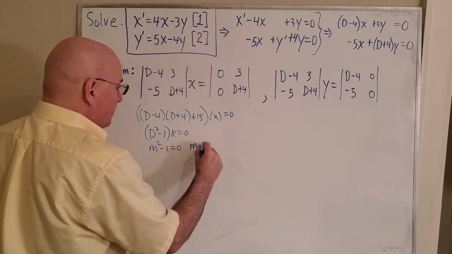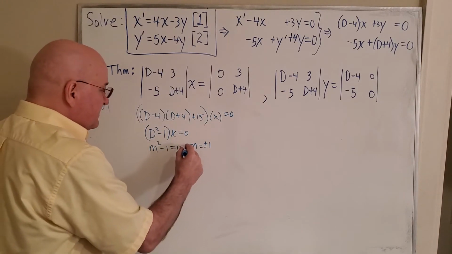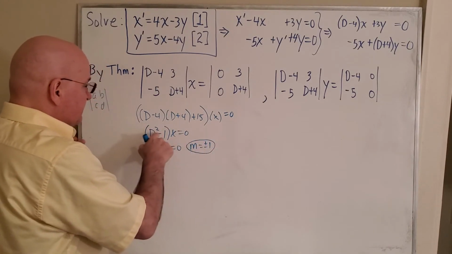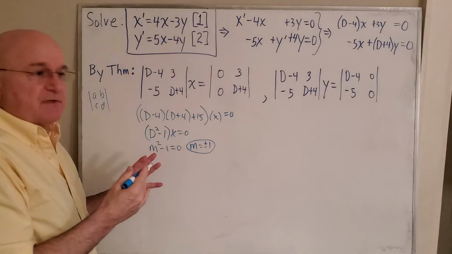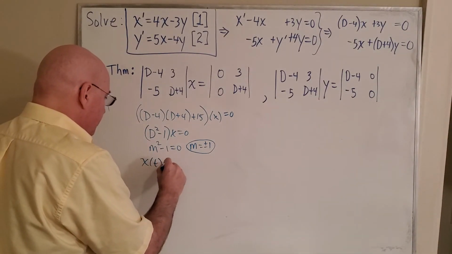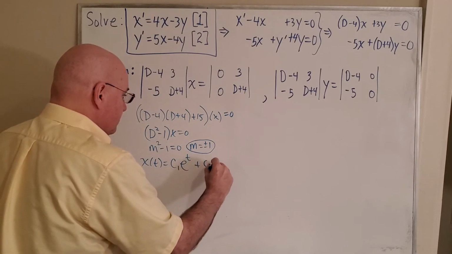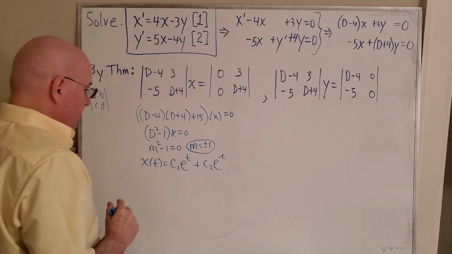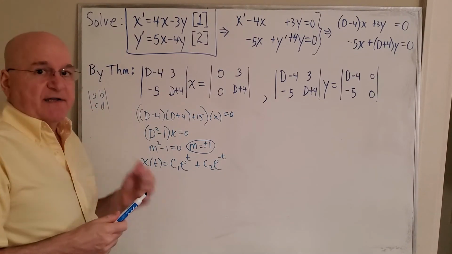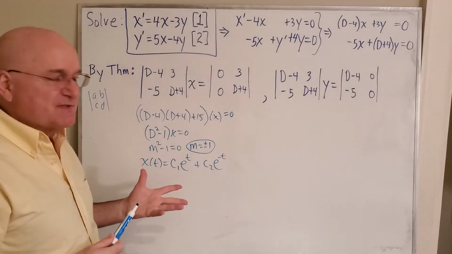So m is equal to plus or minus 1. So we get two distinct roots from this characteristic equation. So we already know the solution to x. x of t is c1 e to the t plus c2 e to the negative t. And just as a reminder, this is always the solution when you get two distinct roots.